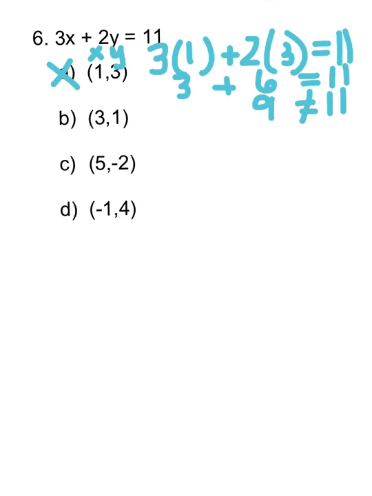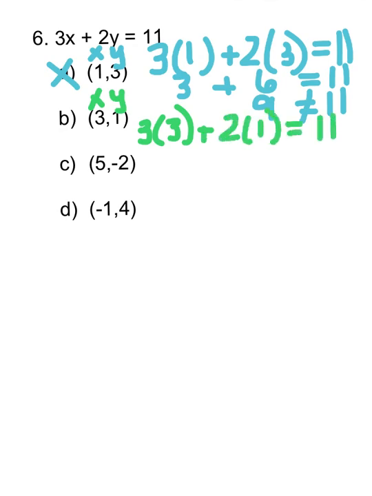Let's go on to B with an x of 3 and a y of 1. So we're using the same exact equation. It's a little tedious sometimes. So we'll have 3 times 3 plus 2 times our y value, which is 1. Does that equal 11? So we have 9 plus 2 equals 11.